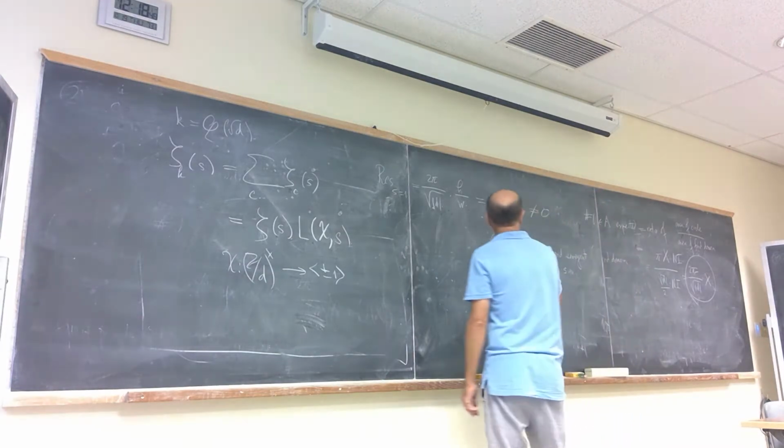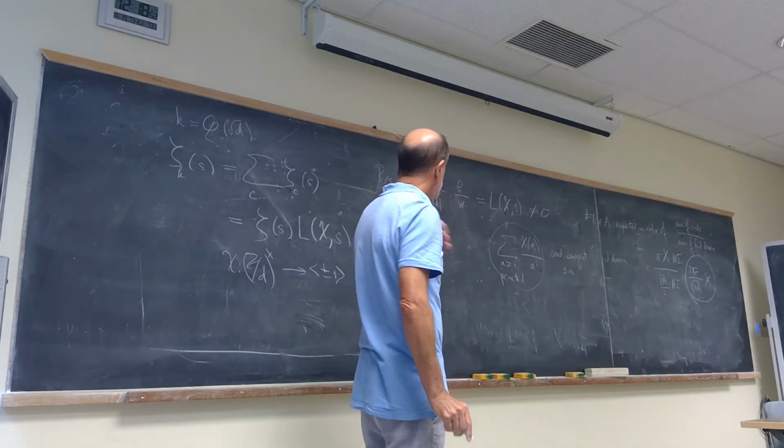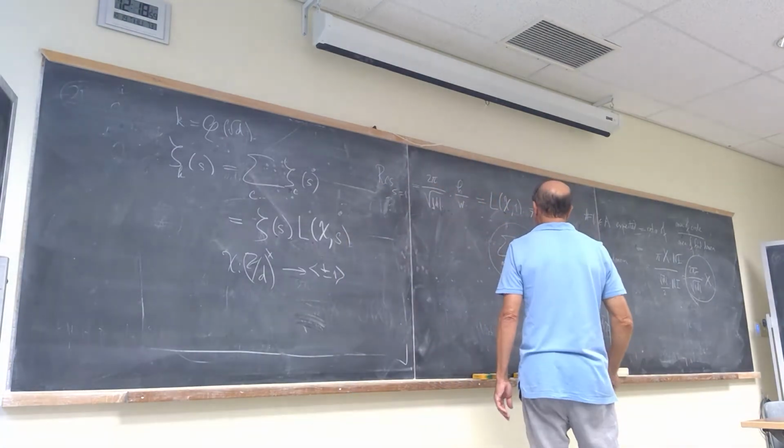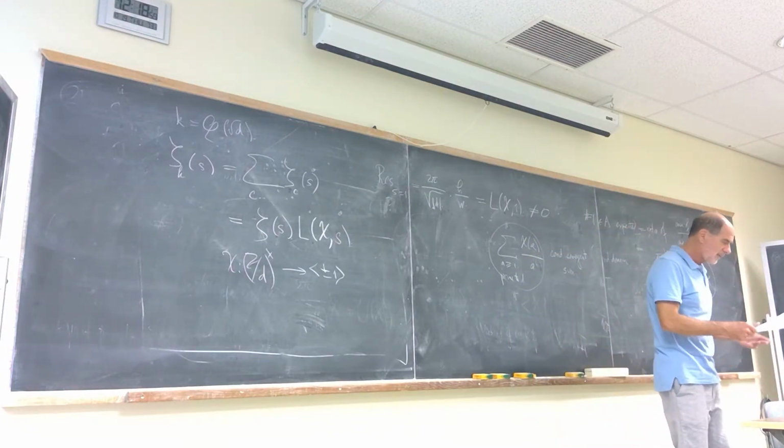And Dirichlet did an analysis of this sum and found an analytic formula for it. And the analytic formula is the following, if I got it right, and I'm going to prove this for you next time.